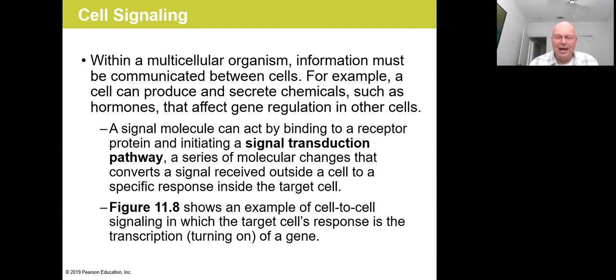Otherwise, it just is a bunch of identical cells. I mean, remember, every cell in your body contains exactly the same set of chromosomes containing exactly the same set of genes.